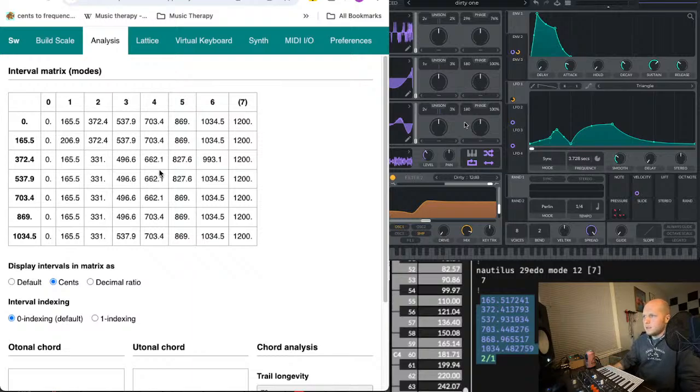So these other fifths, the 620, the 662s right here, you can tell these are kind of out of tune. You can kind of hear it.